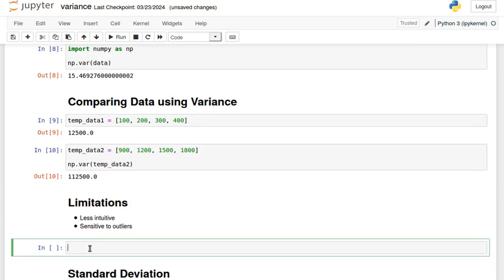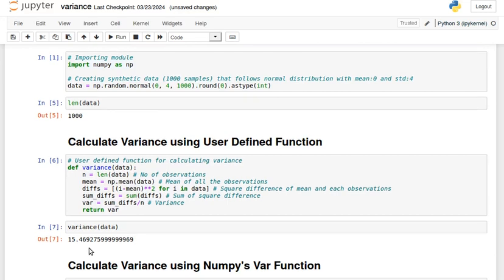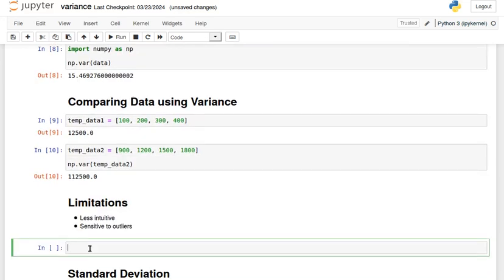And sensitive to outliers. So if we have an outlier in our data set, so let's introduce an outlier.